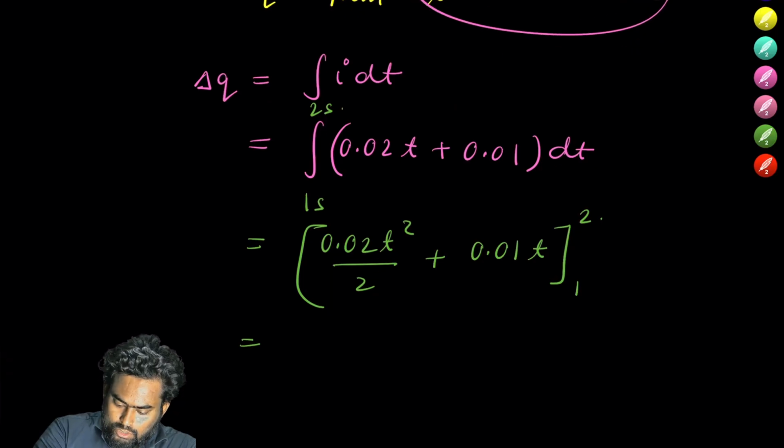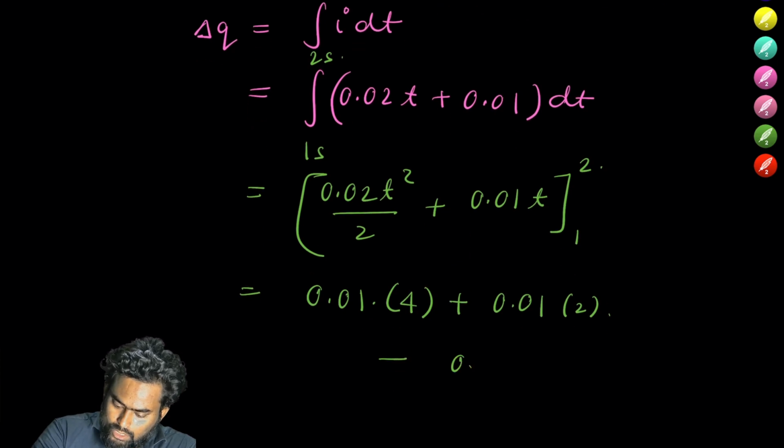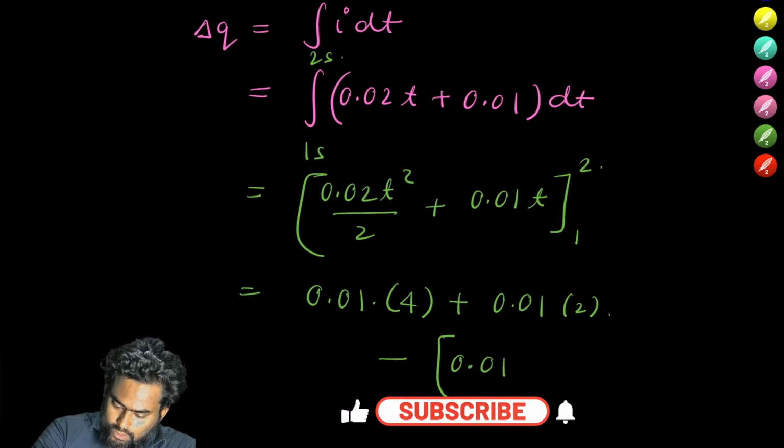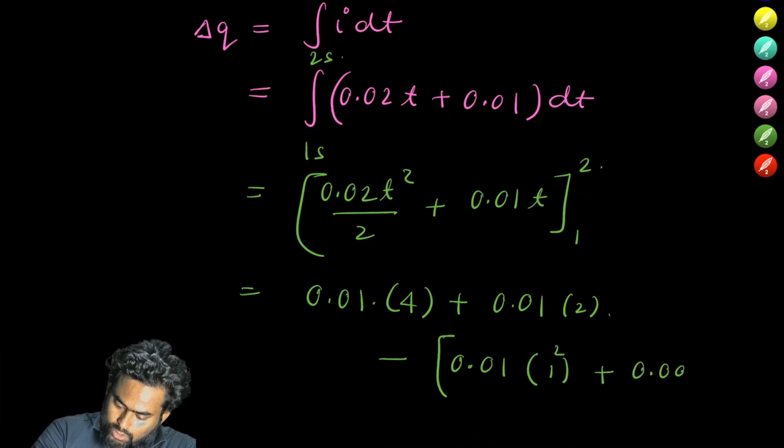So it will become 0.01 into 2 square, which is 4, plus 0.01 into 2, minus 0.01 into 1 square, plus 0.01 into 1.